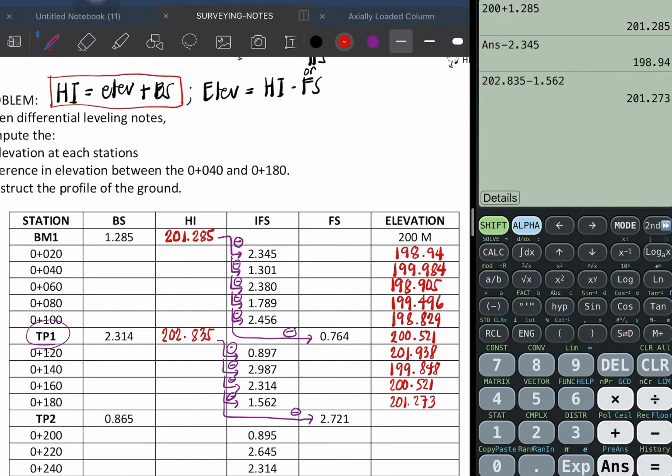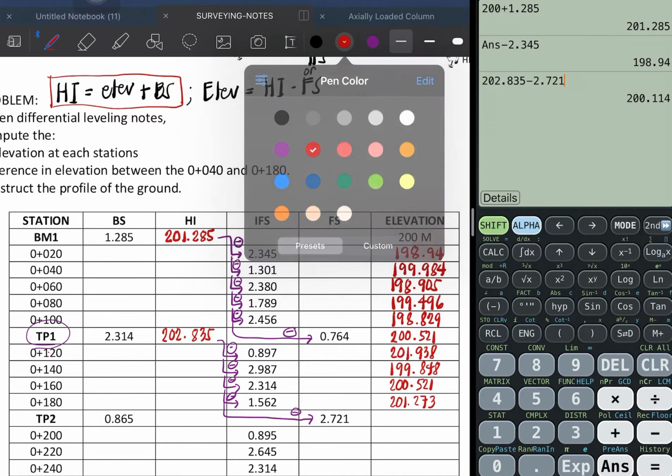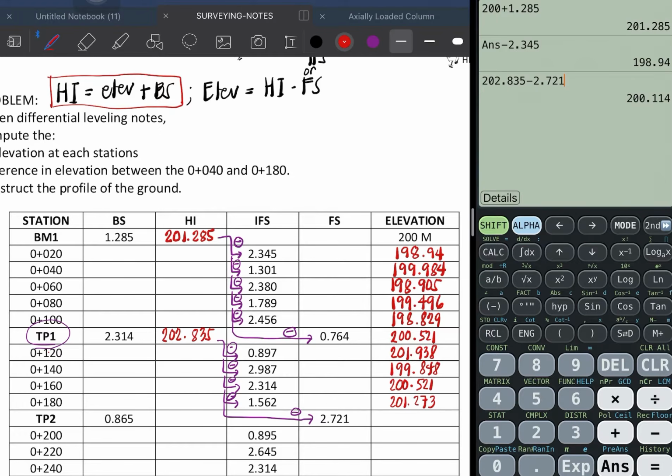So 202.835 minus 2.721, you have the elevation of 200.114.